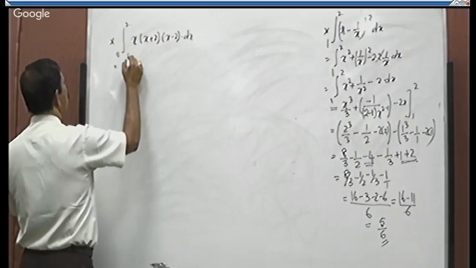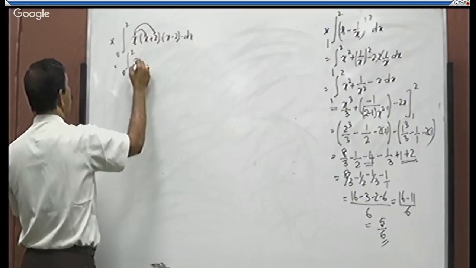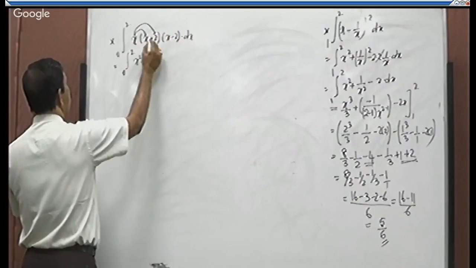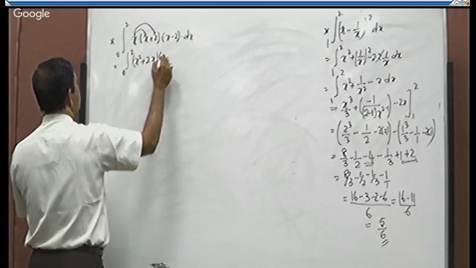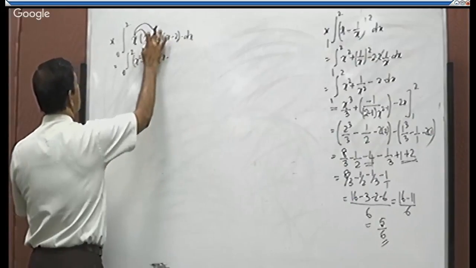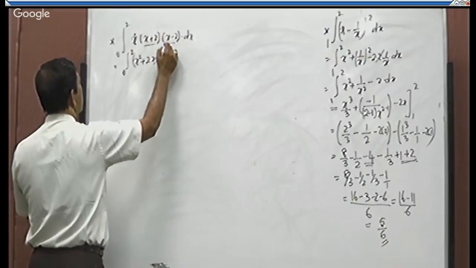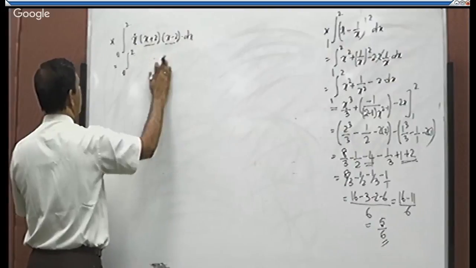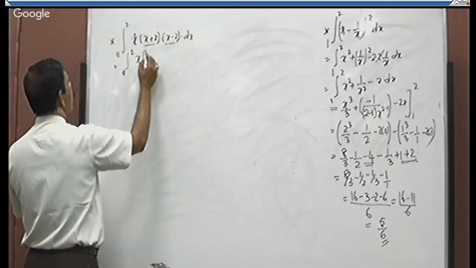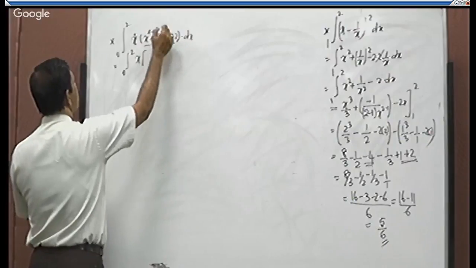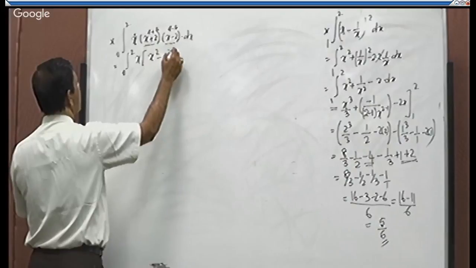Multiply x with x plus 2, that is x square plus 2x, into x minus 2. Otherwise, you can simply consider it as a plus b, a minus b, which becomes a square minus b square. Keep x as it is. A plus b, a minus b is a square minus b square, right?